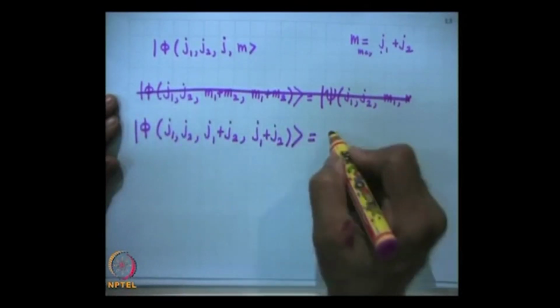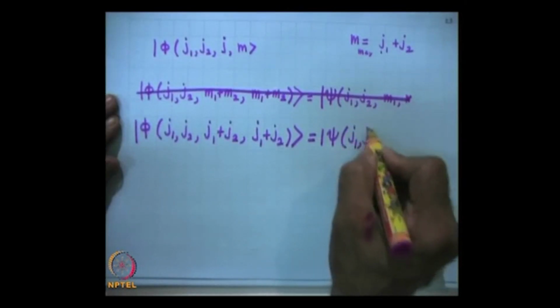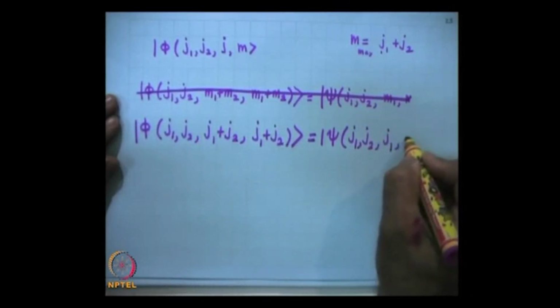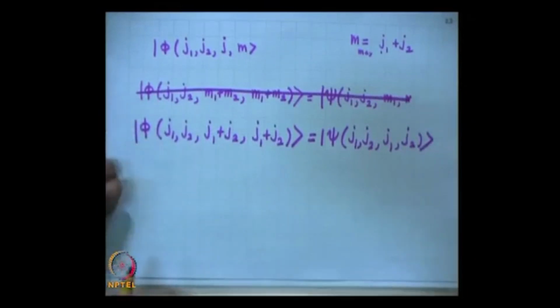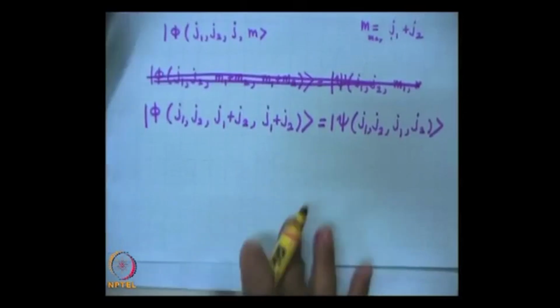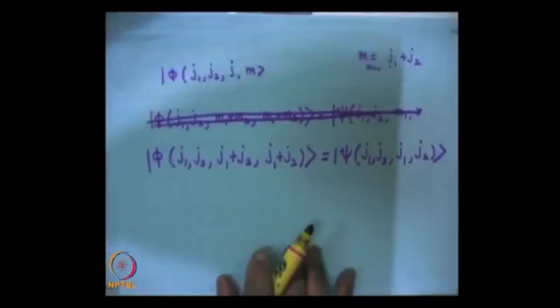This must be equal to psi J1 J2, and the maximum value of M1 is J1 and the maximum value of M2 is J2. So one must always start off with this equation.